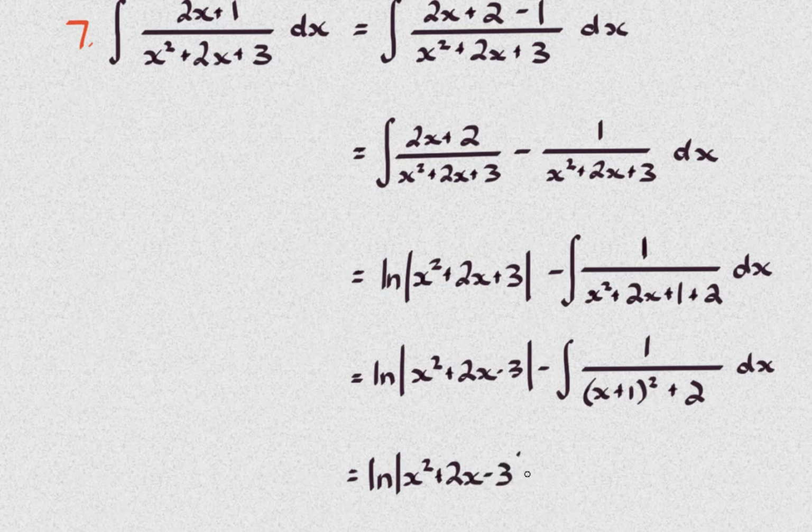Writing down the natural log first, and then we can focus on this one, which hopefully we recognize as an inverse tan. So we have 1 over a, so 1 on root 2, inverse tan of our inner function of x, so x plus 1 over a, plus our constant.